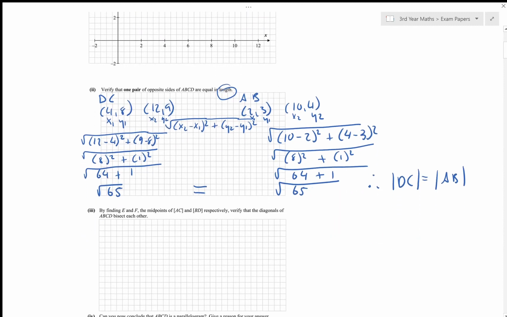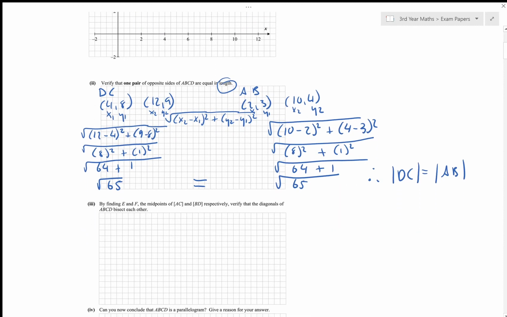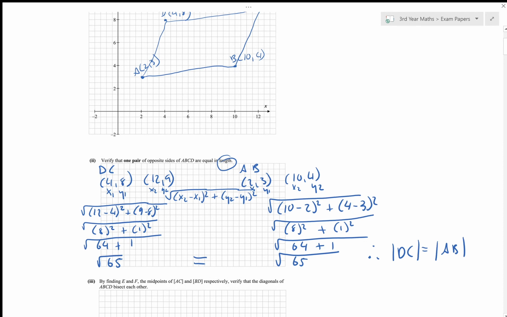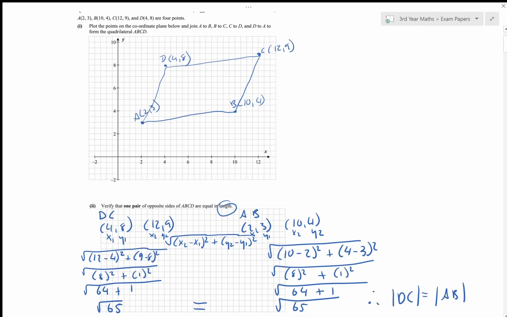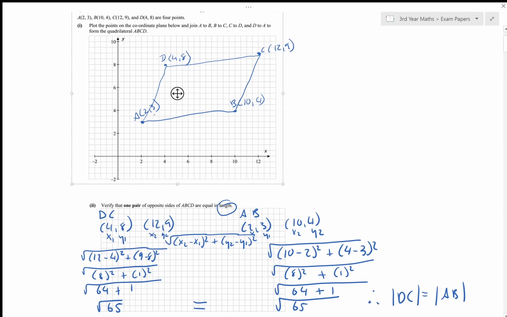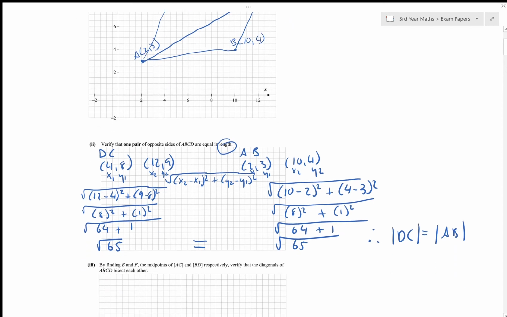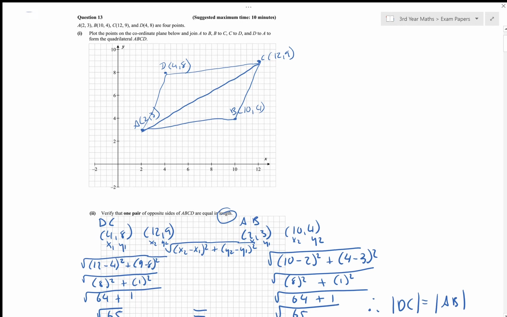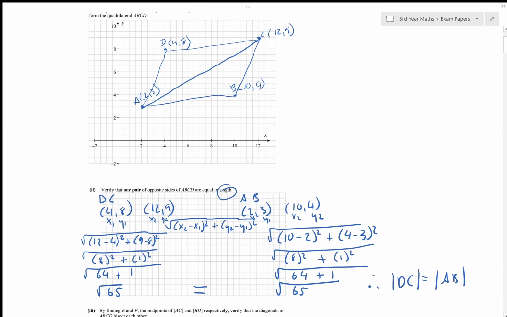Okay, so the next part of this question says, by finding E and F, the midpoints of AC and BD respectively, verify that the diagonals of ABCD bisect each other. So you're looking for the midpoint of AC, and then you're looking for the midpoint of BD. We'll do AC first.